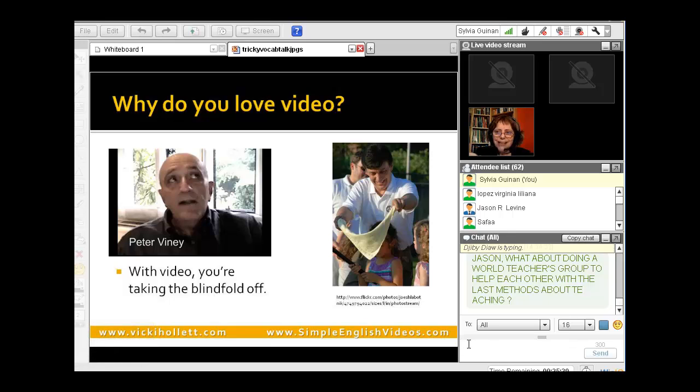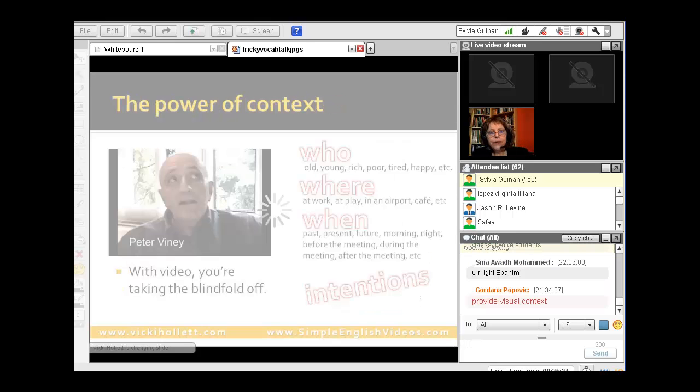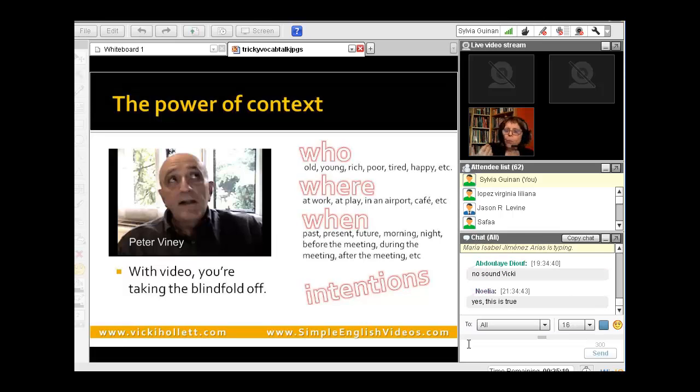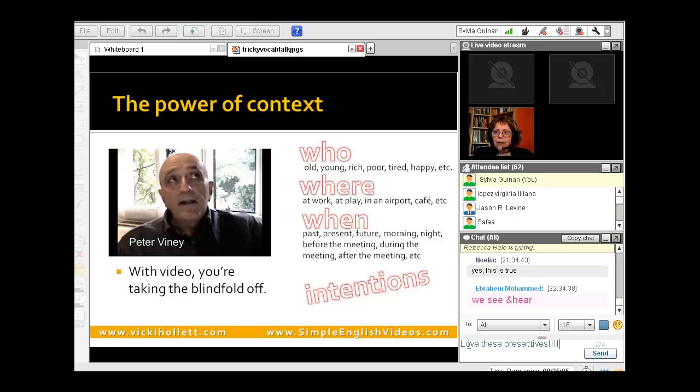And the context really matters. If you take an expression where somebody is saying something, if they're an old person, a young person, a rich person, a poor person, whatever it is, we can get much more information about their intentions, about what they mean, when we see the pictures that go with the words.